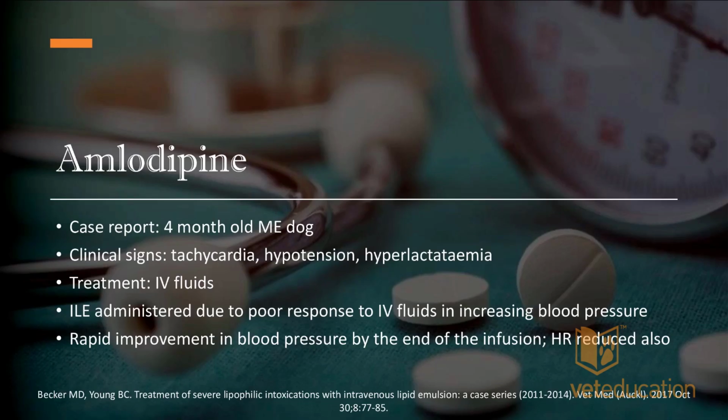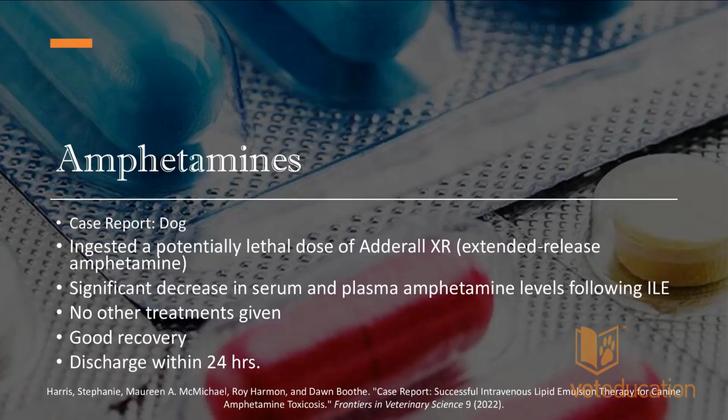The dog was treated with intravenous fluids and was given intravenous lipid emulsion due to poor response to IV fluids and an increase in the patient's blood pressure. What happened was they had a rapid improvement in this dog's blood pressure by the end of the infusion, and the heart rate came down. So the heart rate came down and the blood pressure normalized. So, on the basis of this one case report, we have a recommendation that maybe this could be helpful for amlodipine toxicity.